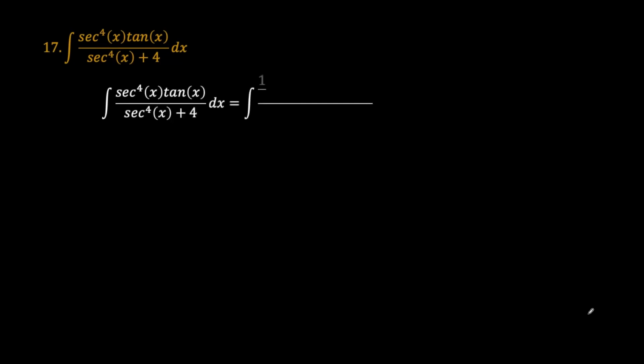Problem 17, which is secant to the power 4 times tangent of x over secant to the power 4 plus 4. So essentially what we have here is that the numerator is a quarter times the derivative of the denominator, secant to the power 4 of x plus 4.